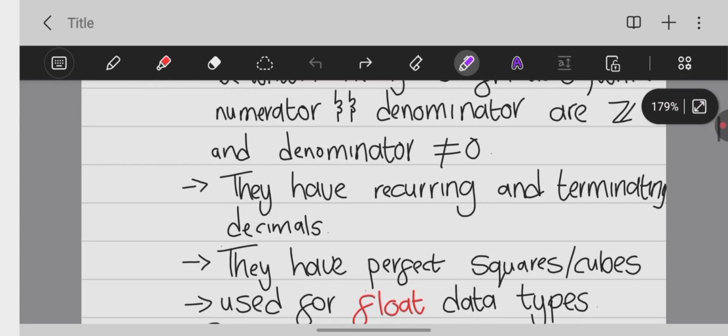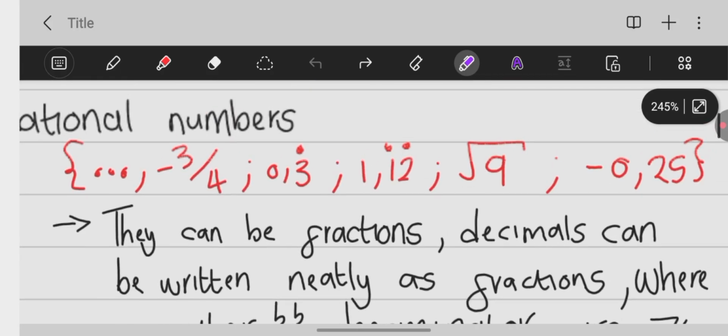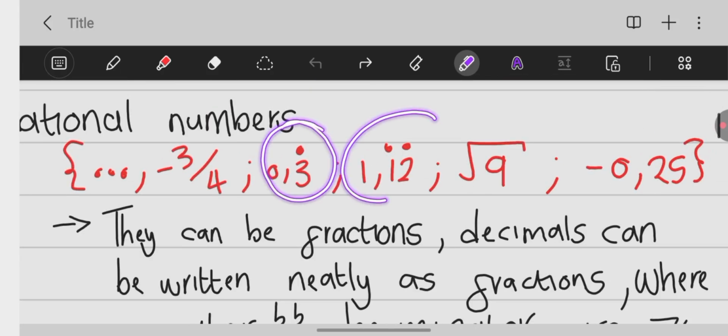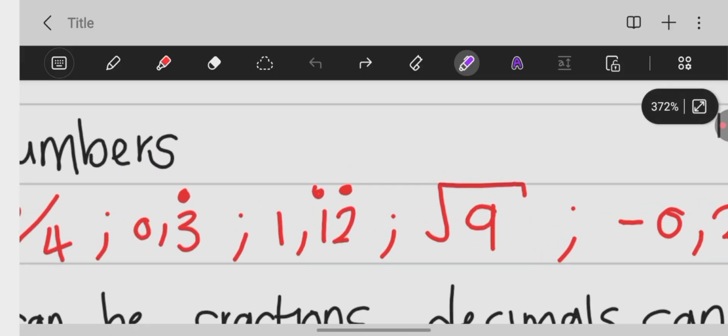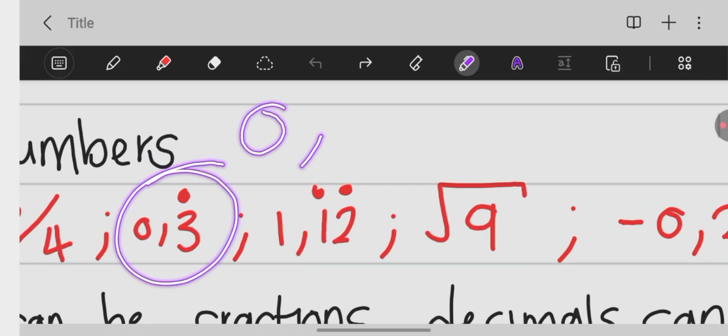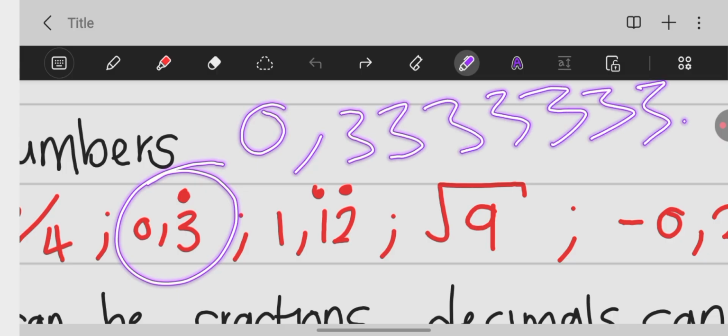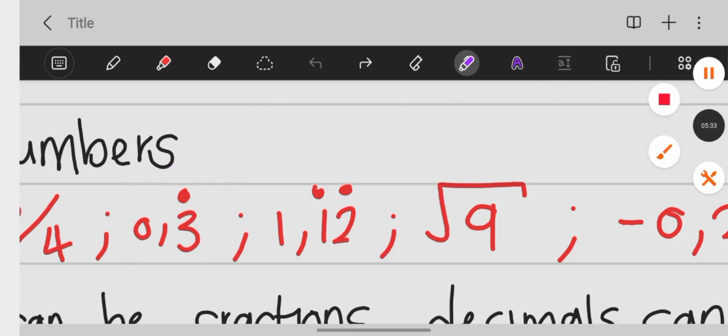They have recurring and terminating decimals, meaning that they're recurring like this, or terminating, meaning there's nothing that comes after this 5. Recurring would mean if you have something like this, you have 0.333 and so on up to infinity. So to show that the 3 is recurring, you would just have a dot.